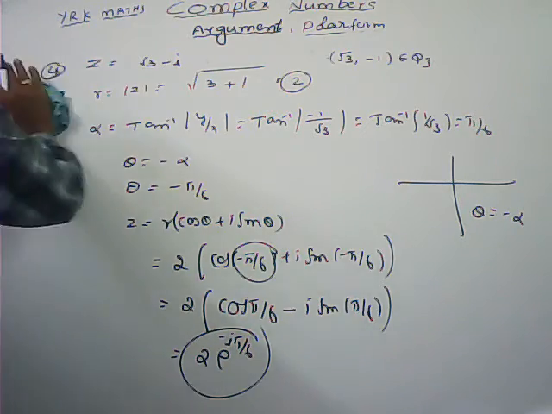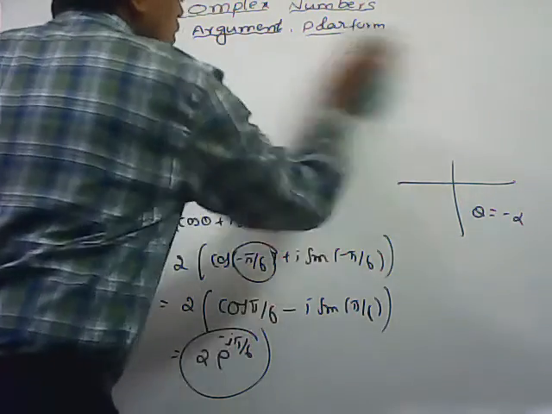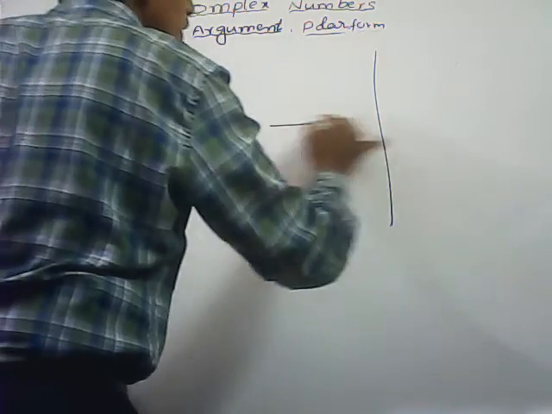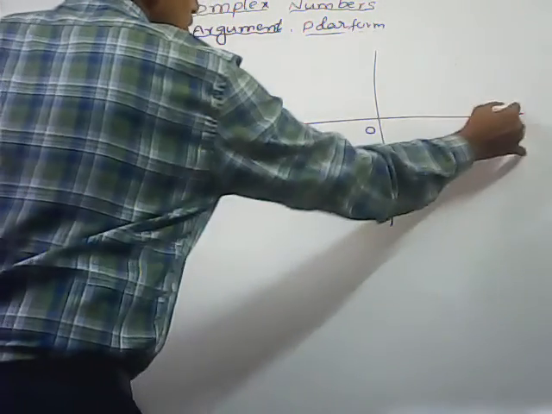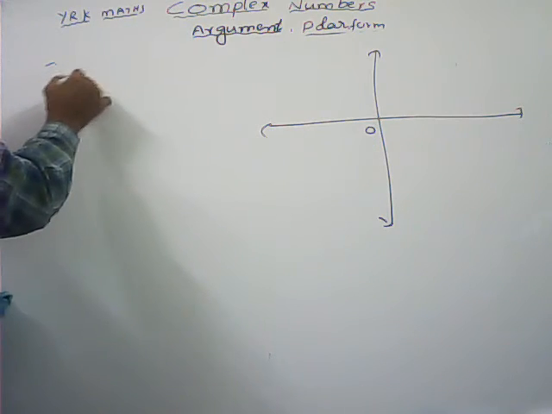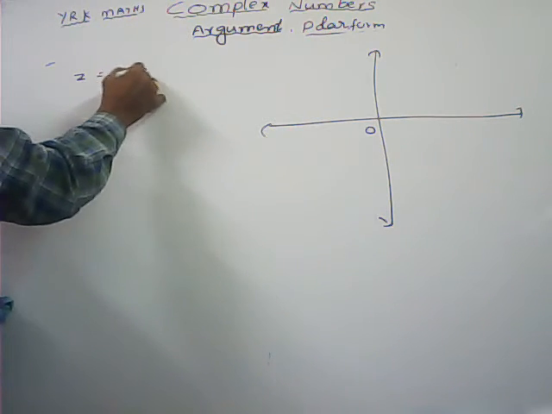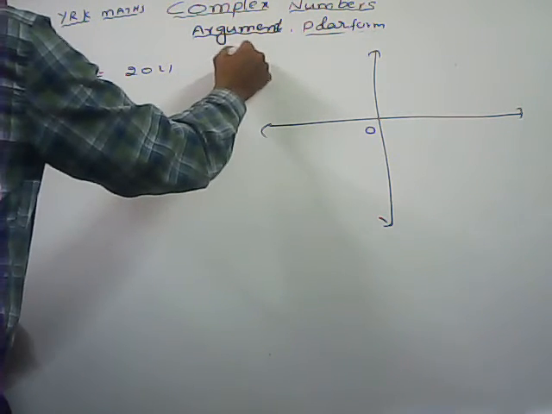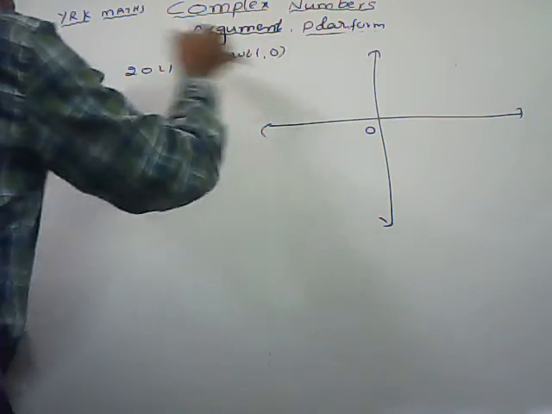Next, axis wise. Here quadrant wise is completed. Now axis wise we discuss. For example, if I give z is equal to 2021, what is the argument of that complex number? Here the real part 2021, comma imaginary part 0.